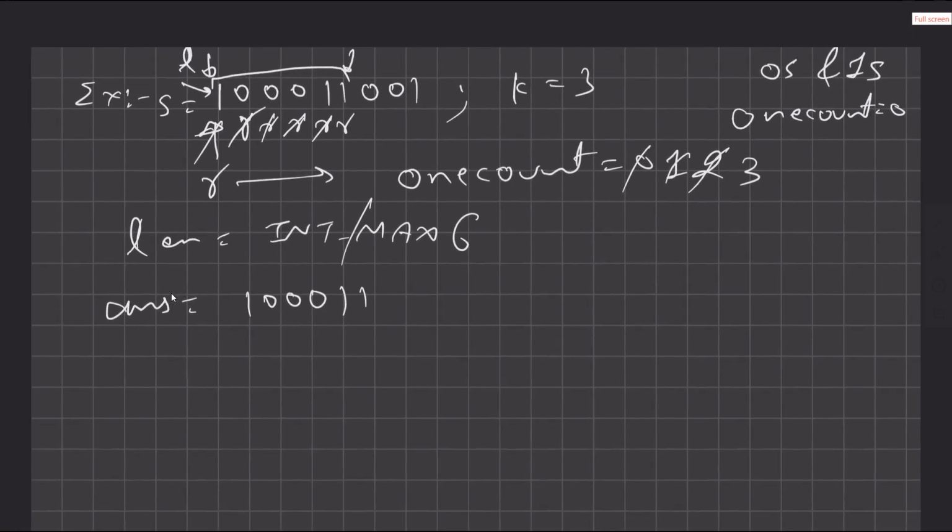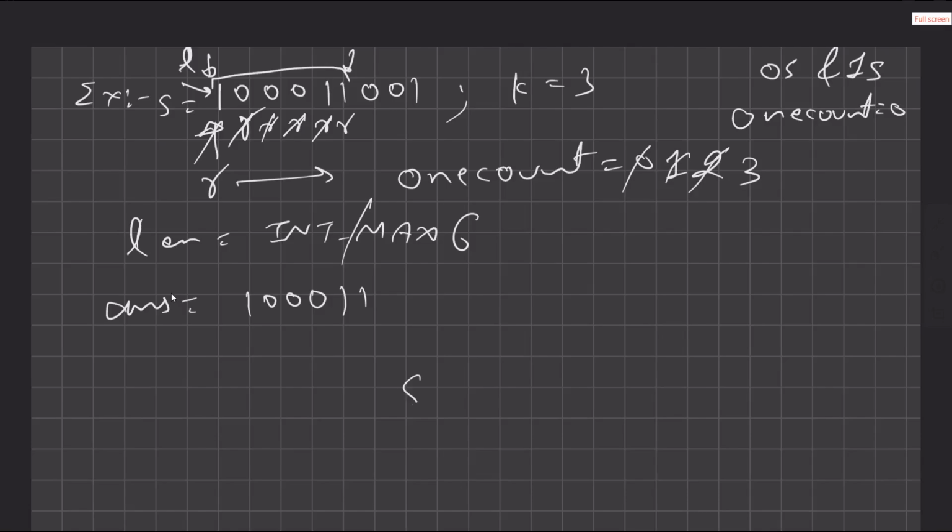Okay, now since you've got this, now what you need to do is, I mean, whatever we have done right now is correct. But in the code what we'll do is we'll make sure this left should point to the one only, not 0.